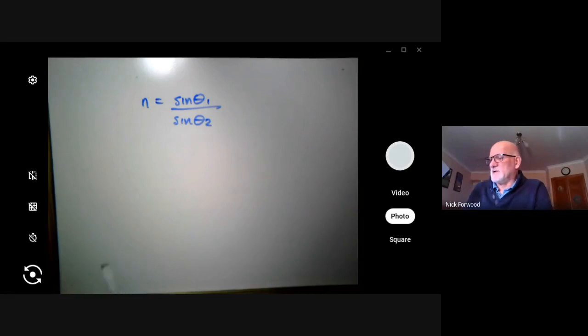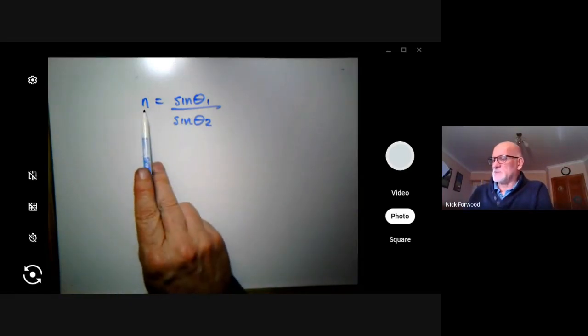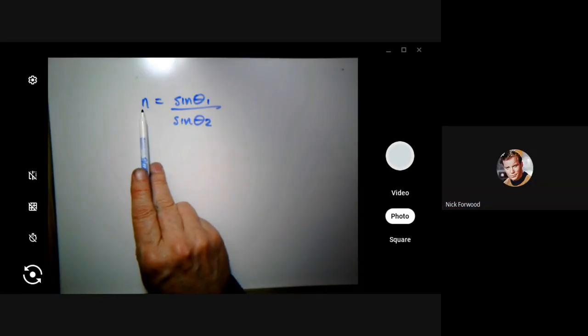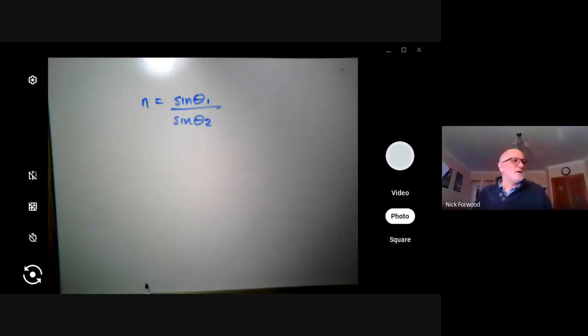But this formula only has one value of n, and our example actually has two values, 1.5 and 1.33. So we're going to have to change the formula slightly.